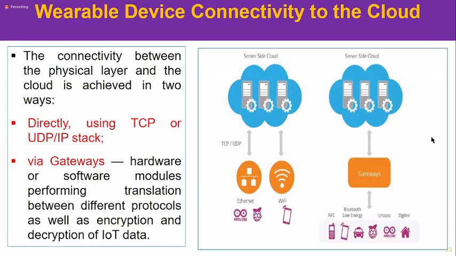So mostly they do not use TCP/IP in the wearable device. Instead, they can use some lightweight protocol like MQTT, so that it reduces the bandwidth requirement and the spectrum requirement as well. Then through the gateway you can have connectivity to the cloud using TCP.